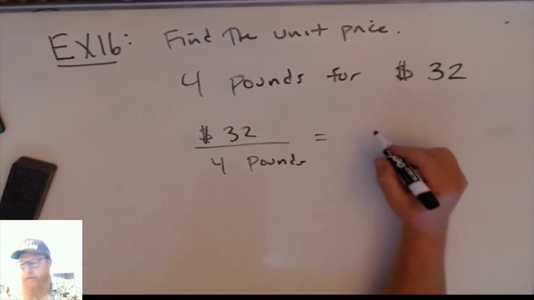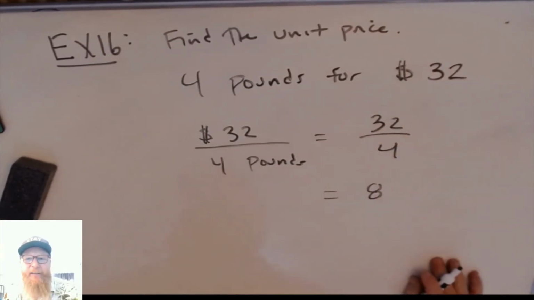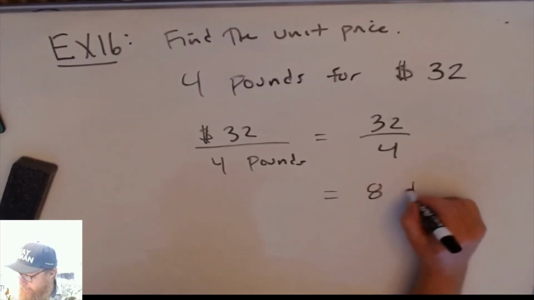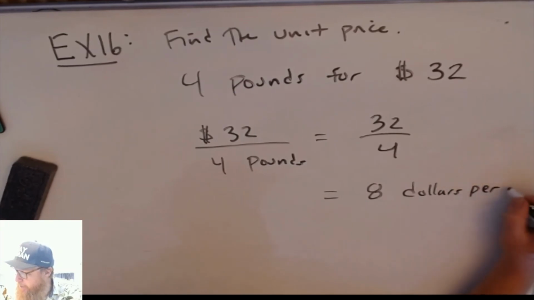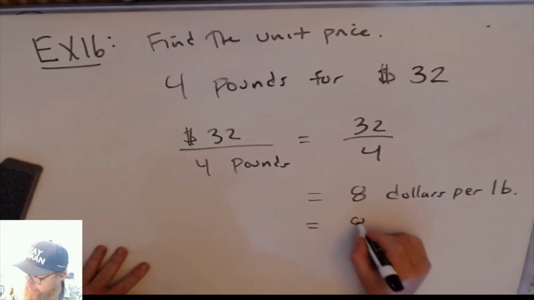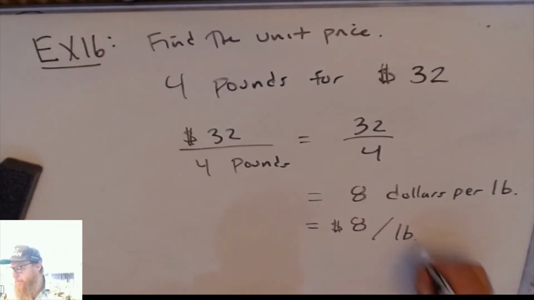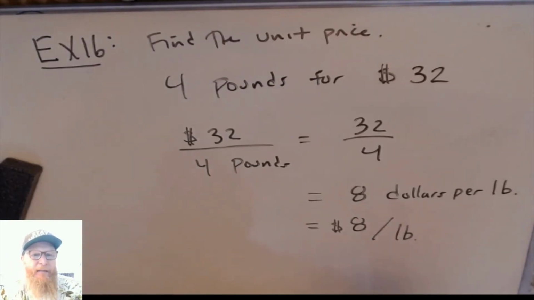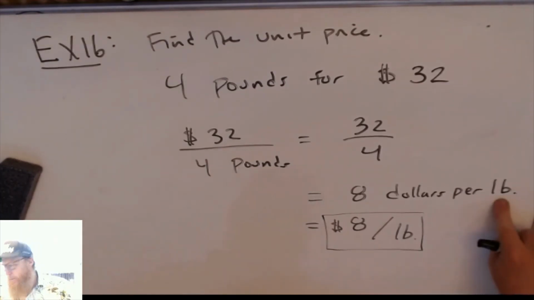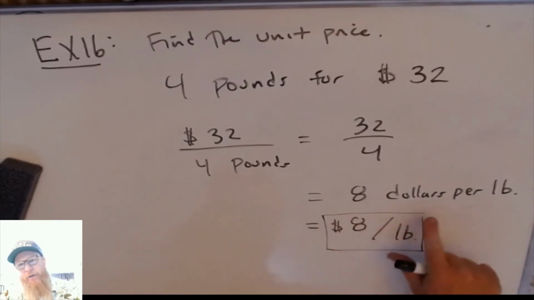So that's 32 divided by 4, which is 8. I don't even need the calculator for that. And then that would be 8 dollars per pound. LB is the abbreviation for pound. Again, it comes from Latin, libra. So LB, libra, pound. So $8 per pound.